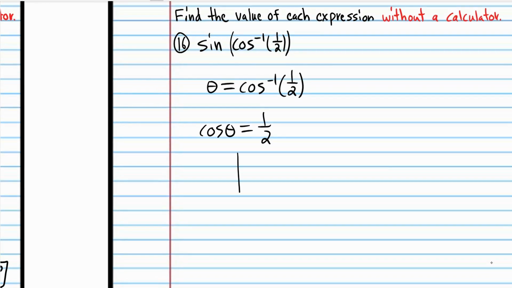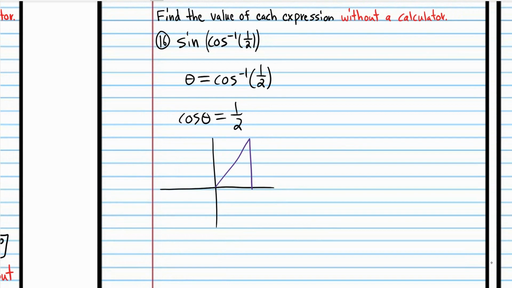So now we can draw triangles. Cosine is positive in the first quadrant and the fourth quadrant. And this is obviously a 30, 60, 90 degree triangle.